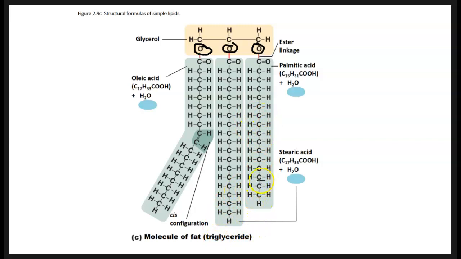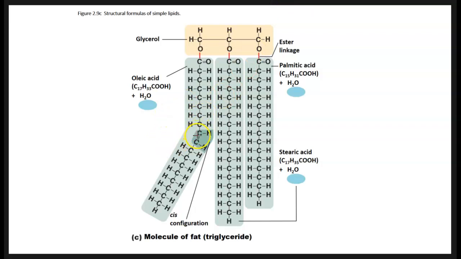Now, triglycerides and fatty acids, one important thing to notice about them: we have fatty acid chains that have different lengths, or different numbers of carbons. We also have fatty acid chains that include double covalent bonds. The double covalent bond plays an important role in the structure and chemical properties of fats and things that contain fatty acids.